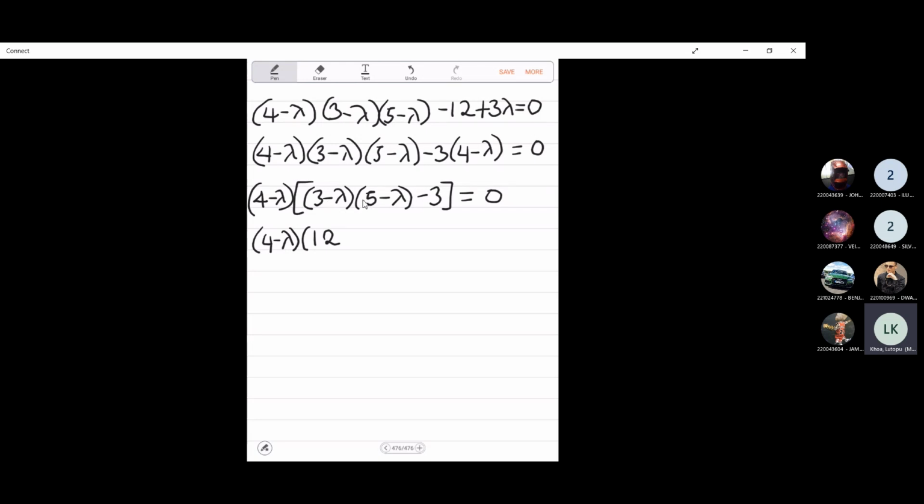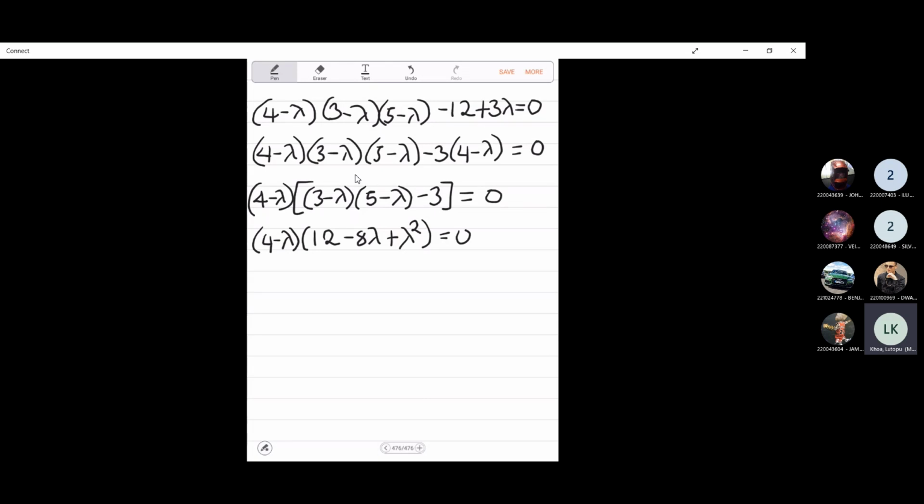And then minus 1 times 5. This gives us minus 8 lambda. And then minus lambda times lambda, this is just lambda squared. Equal to 0. Okay.